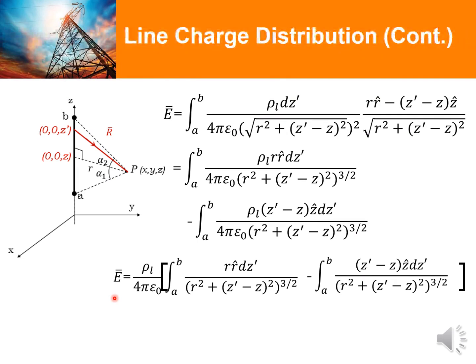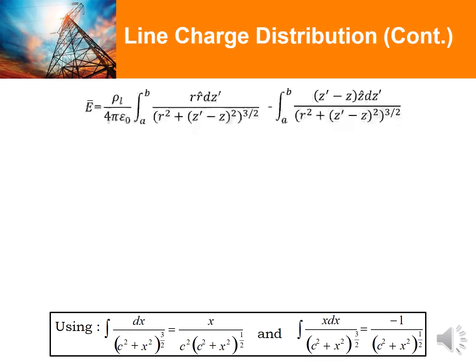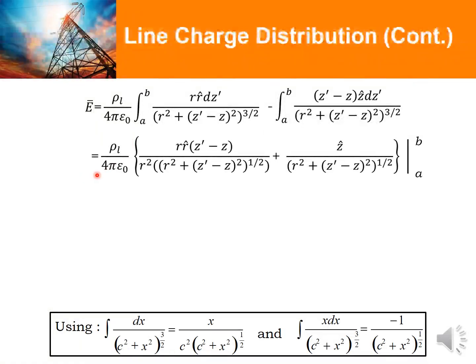In order to solve this, it is easier if we apply the following integral identities. By applying these integral identities to the given problem, we will solve the integration as shown on the slide.